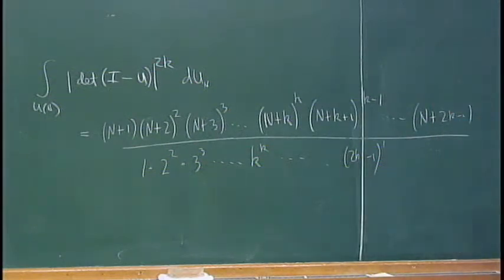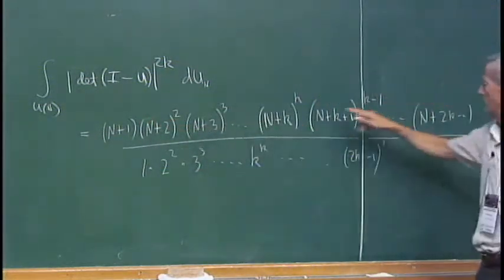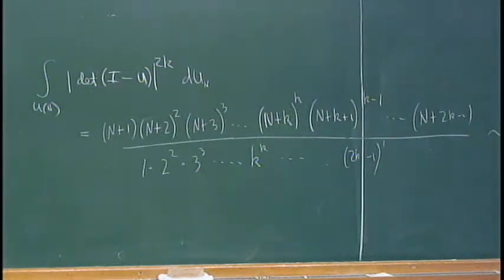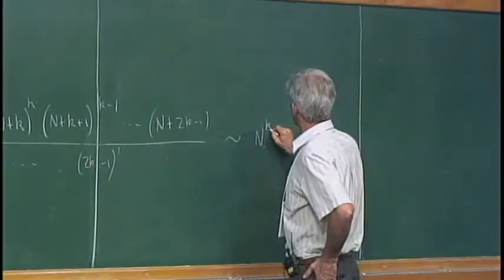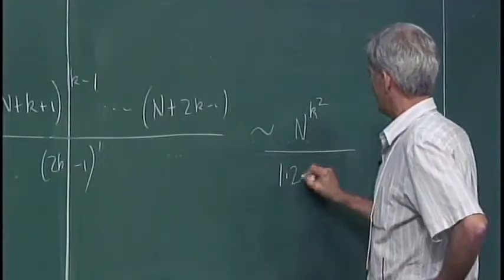k minus 1 to the first. And if you look at this for a fixed k, as n goes to infinity, if you add up the degree of the polynomial there, 1 plus 2 plus 3 up to k, and then back down, you get basically n to the k squared over that same denominator.